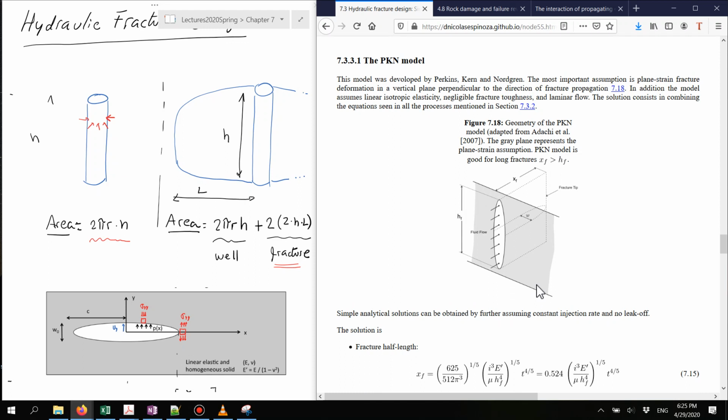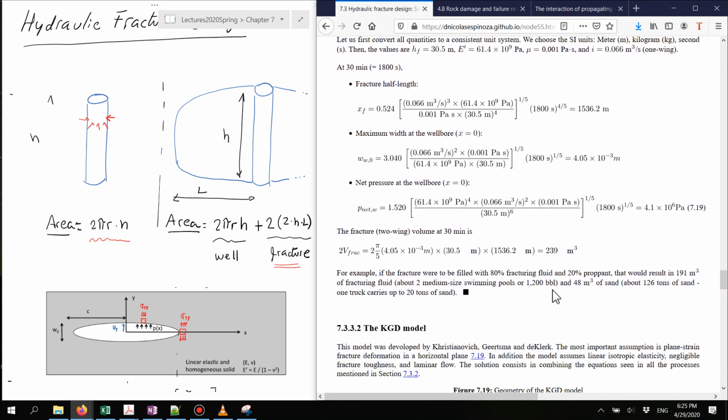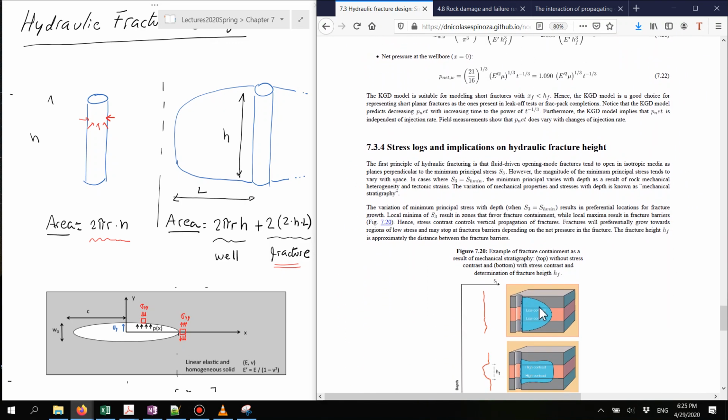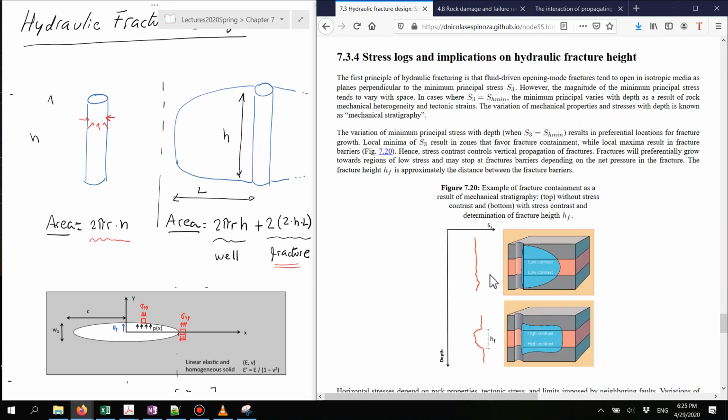But the physics is still the same. And we are going to see an extension of these models in our next discussion, in which we're going to include the variability of the fracture height with pressure and with depth as well.